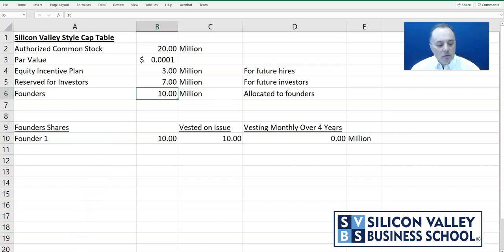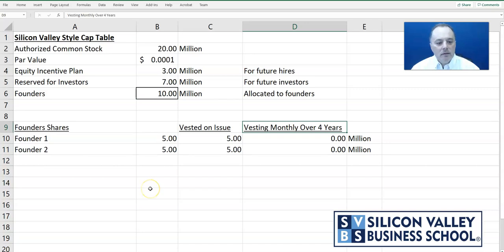All right, so then let's look at the situation if there are two co-founders. If there are two co-founders, you might want to split the shares equally, so 5 million each, and have them fully vested.